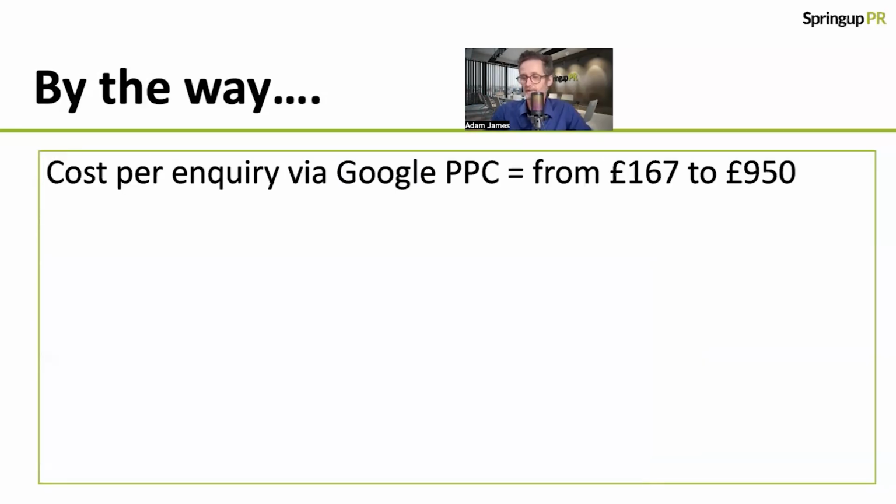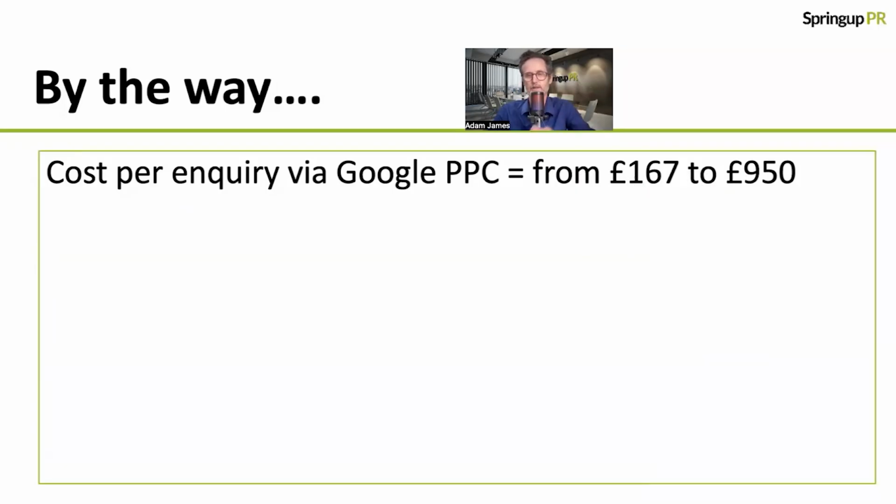And by the way, the cost per inquiry with tracking right now, if you do it properly, is anywhere from £167 to £950. That's per inquiry. Remember, the lifetime value of a resident for you in terms of fees can be anywhere from 50,000 to 150,000, maybe 200,000. So you do the numbers on that as to whether you're prepared to pay this amount for an inquiry that you would otherwise not get, because that's the point.